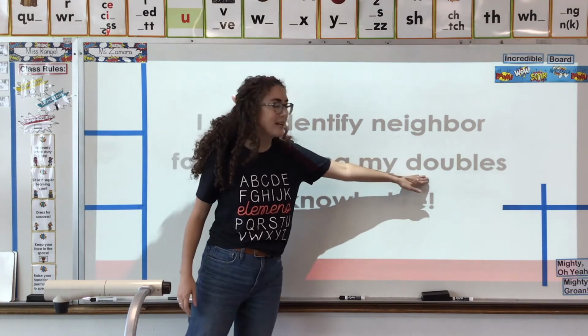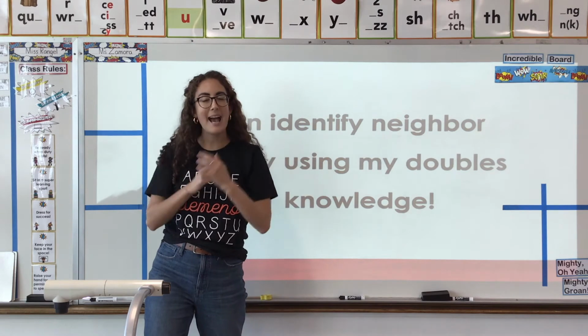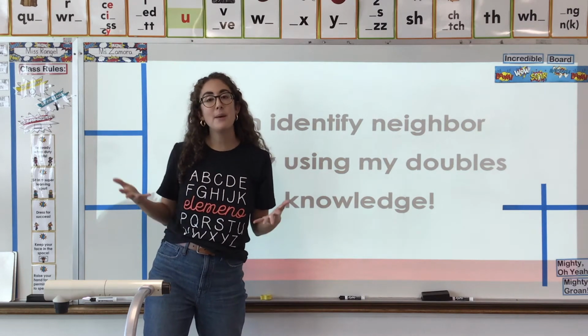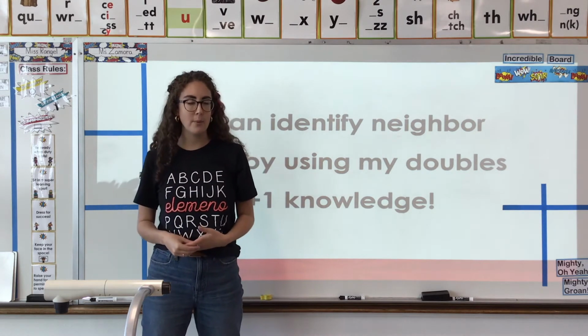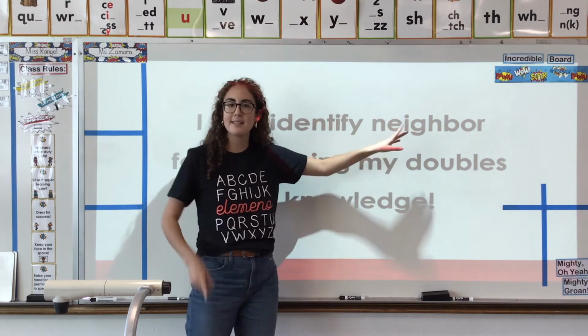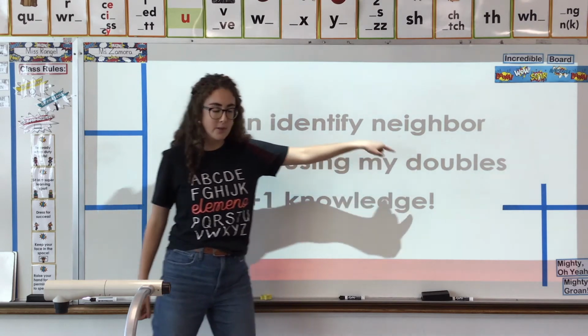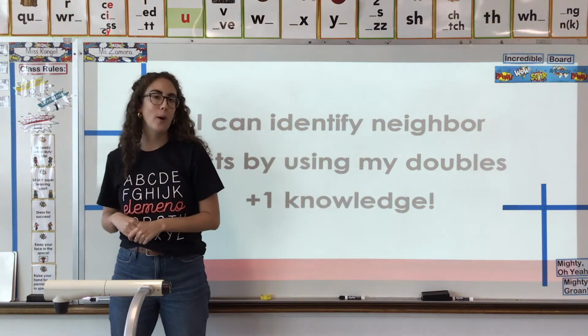Yesterday, we were learning our doubles facts, when a number that's the same is added together. We are going to be using our knowledge of our doubles facts to solve what we call neighboring facts by having our doubles and adding 1.